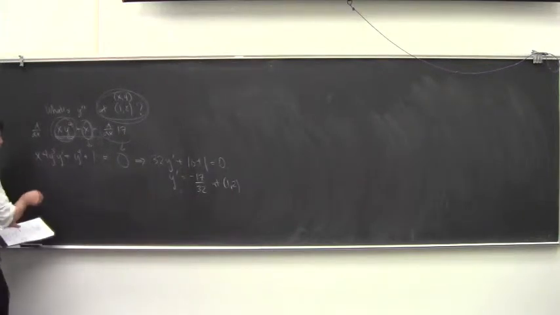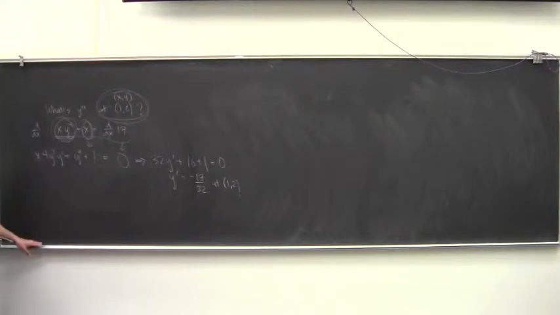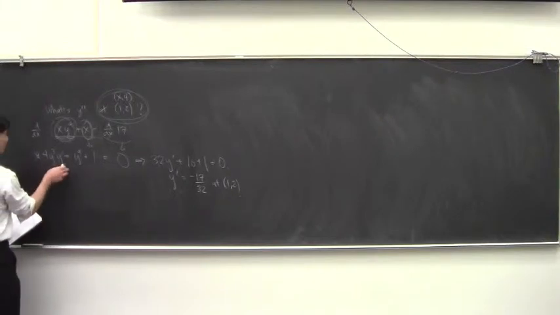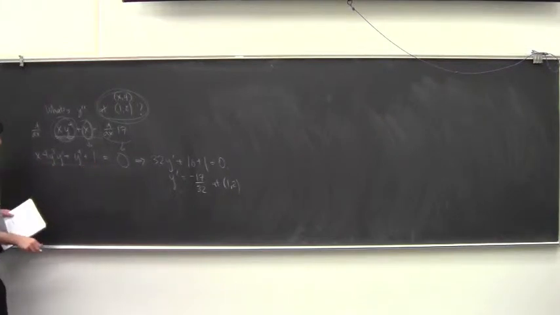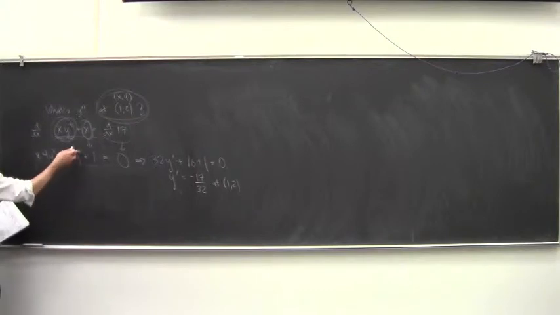Okay, and if you wanted the second derivative, what do you do? You just take the derivative again. Okay, so it's a pain, but you can do it. So you say, okay, I'm going to differentiate this whole thing with respect to x.